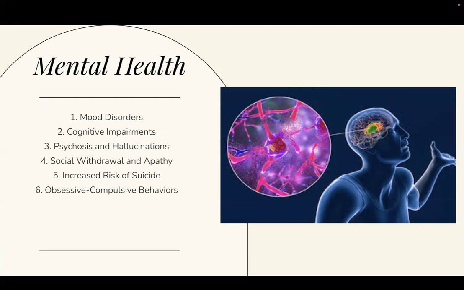Increased risk of suicide. It's much higher with individuals with HD, especially in the early stages, since they're aware of their diagnosis and they kind of know how the disease is going to progress, since it has no real cure. And then OCD: repetitive thoughts, hoarding, checking things repeatedly. That also goes in with not being able to remember things and having that part of your brain shutting off.